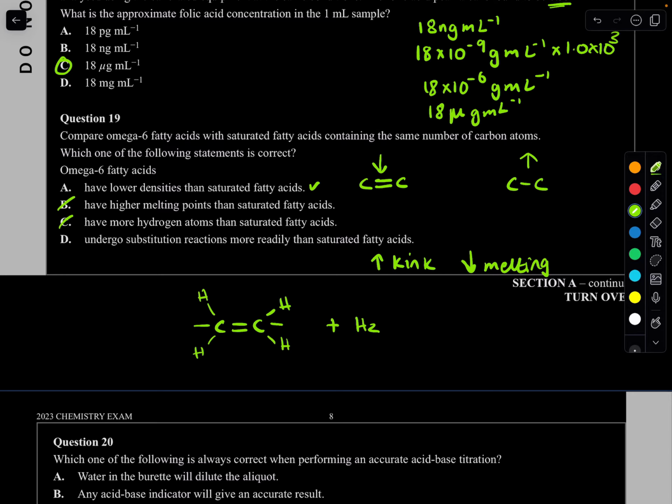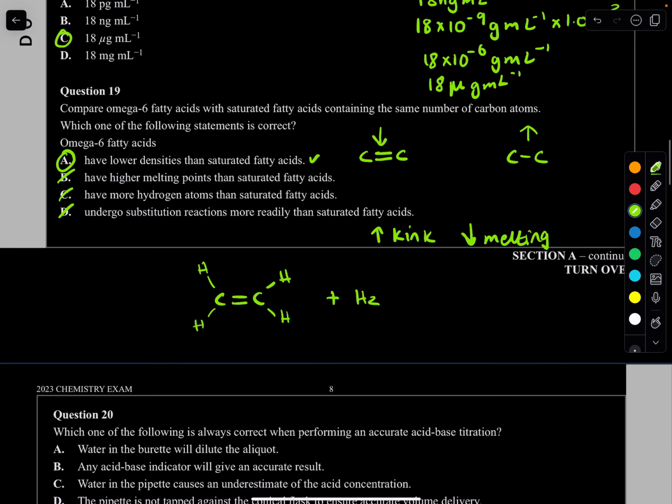So it readily goes through addition reactions, but not substitution. A substitution reaction, swapping one group for another, is really a rare thing. It needs conditions for that; you need to give it energy. So nope, absolutely wrong. A looks like the answer for that one.